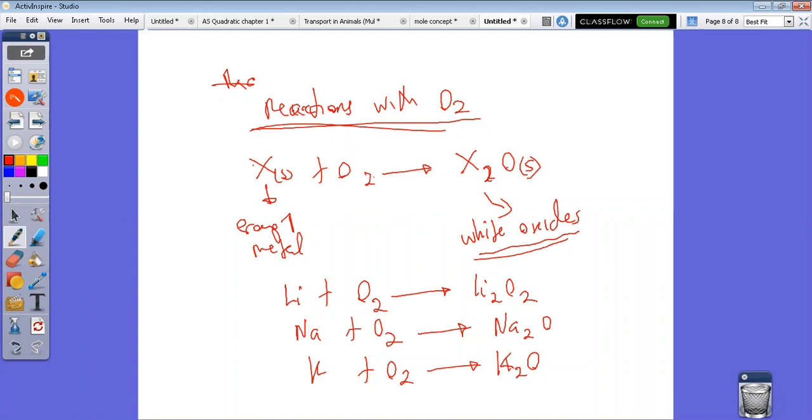Now, homework. The last thing we need to look at: go and read on the reactions of group 1 metals with group 7 halogens, and the decomposition of group 1 carbonates.